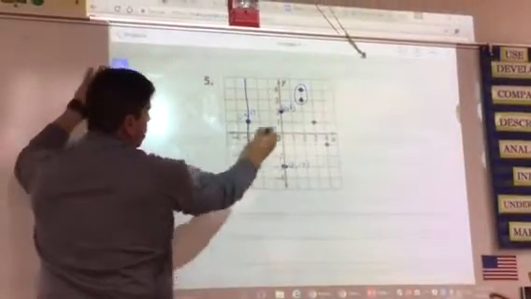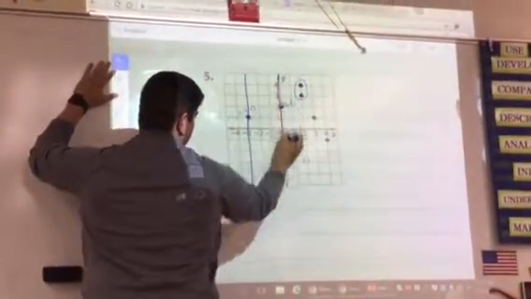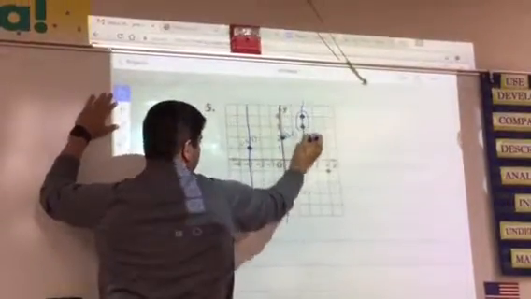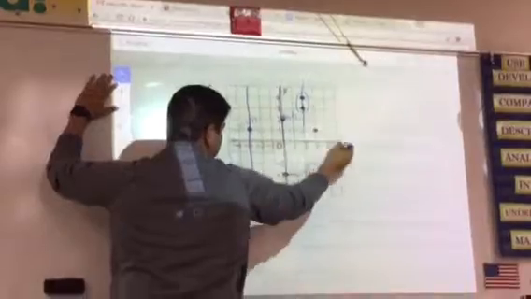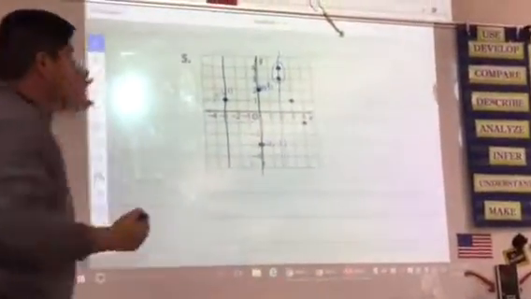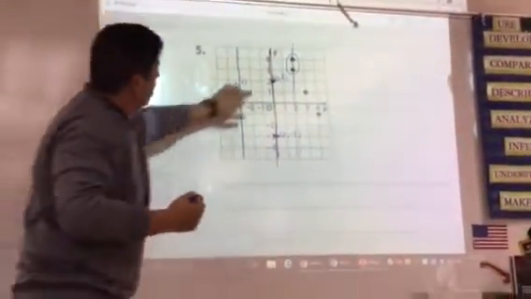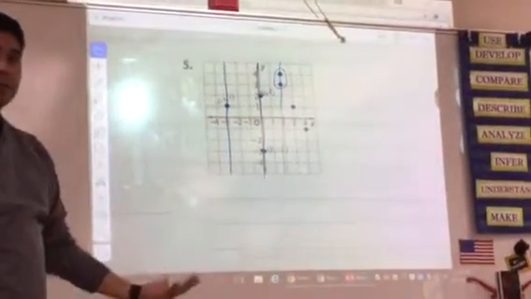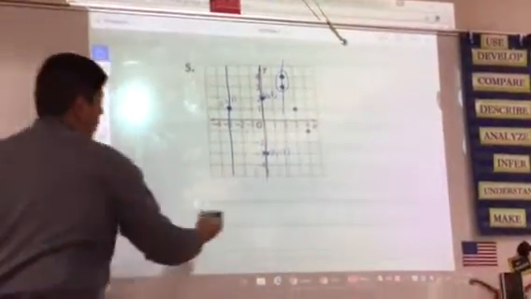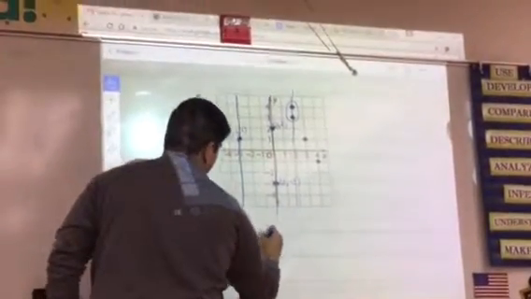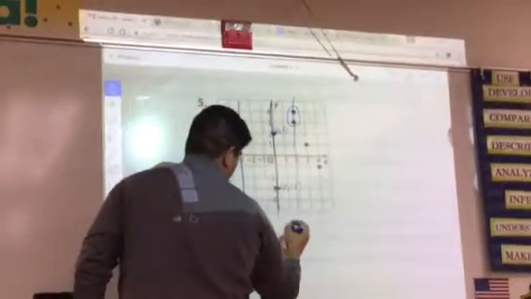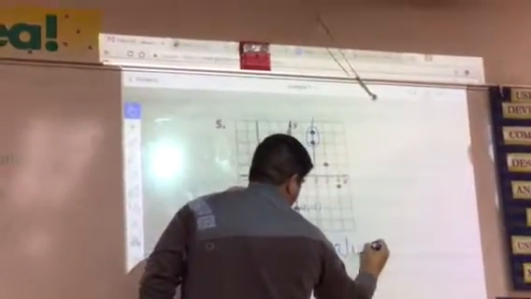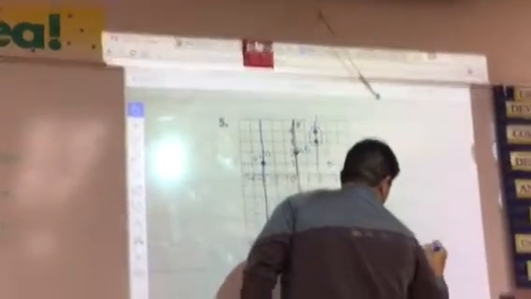How many points are on this one? There's only one here and one there, but there's two points on the same x value. So this is not a function. All right, so no. X values repeat. Good. That looks very good.